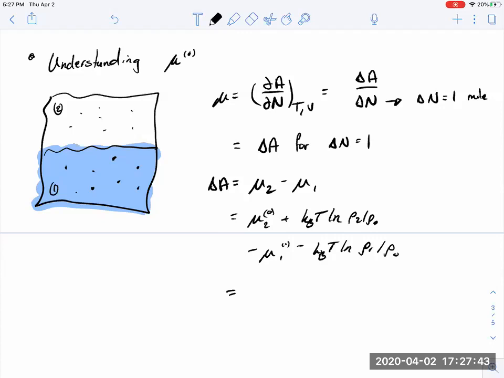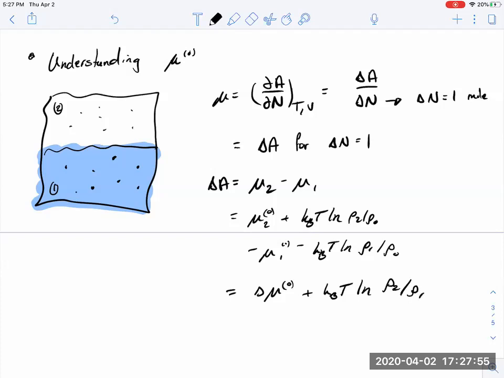So that is then equal to the change in the standard state chemical potential plus kBT log rho 2 over rho 1.